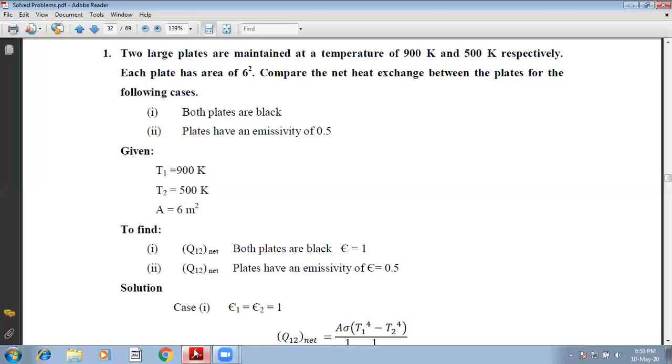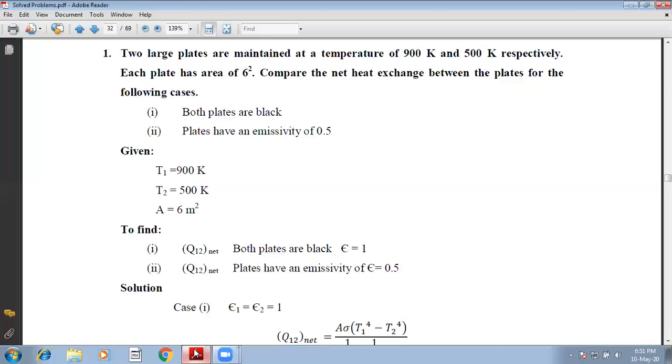In a similar way, if you consider the amount of energy that is transmitted through the body to the total incident radiation, the ratio of these is termed transmissivity, denoted by the symbol tau.